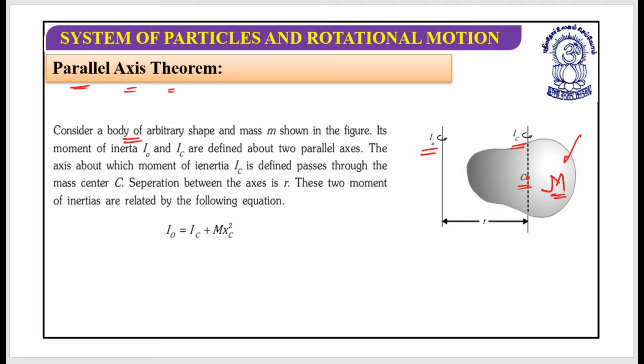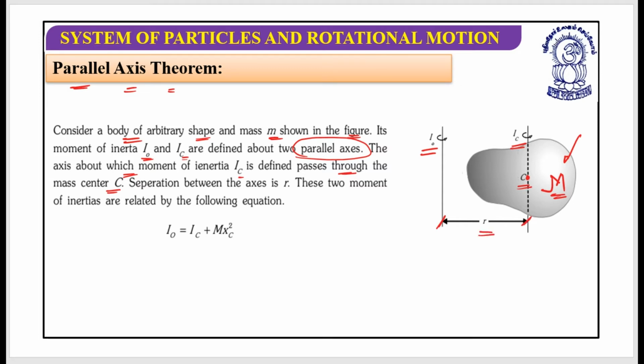It says: consider a body of arbitrary shape and mass m as shown in the figure. Its moments of inertia IO and IC are defined about two parallel axes. These two are the parallel axes, and the axis about which moment of inertia IC is defined passes through the center of mass C, and the separation between them is r.